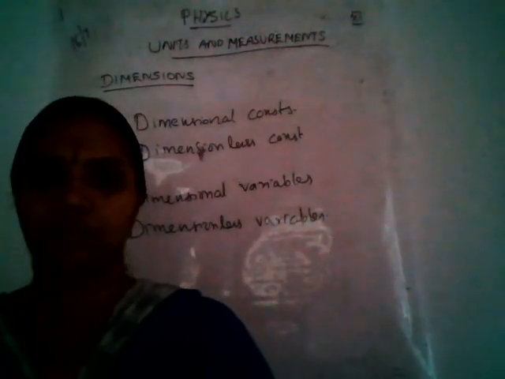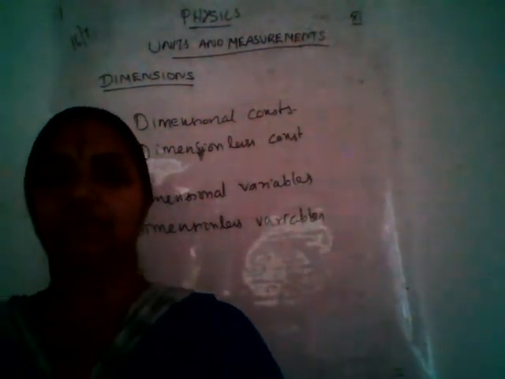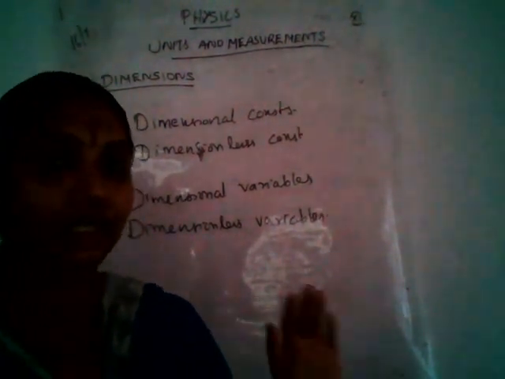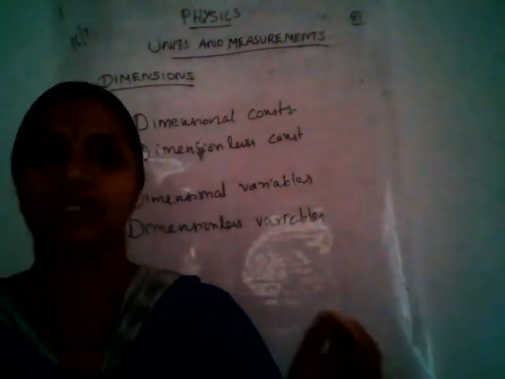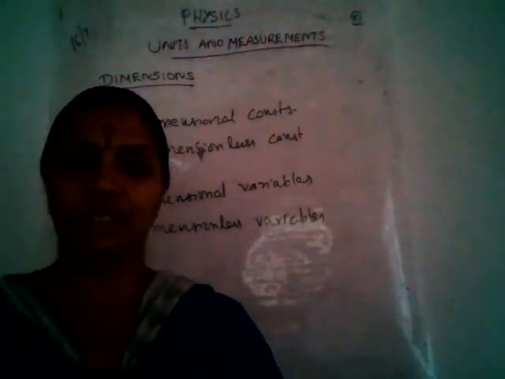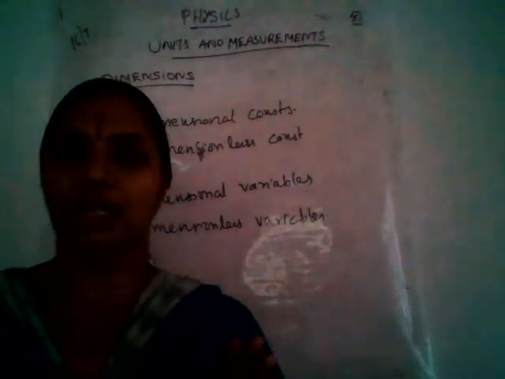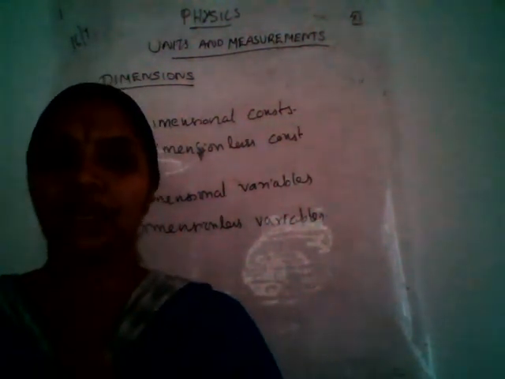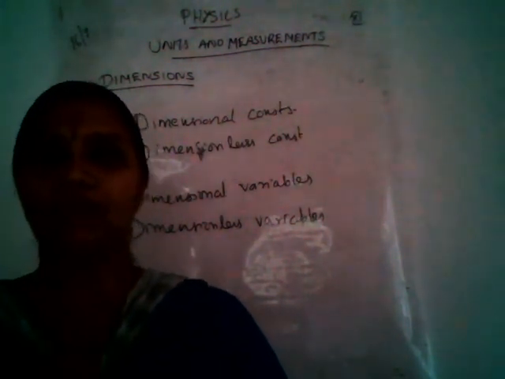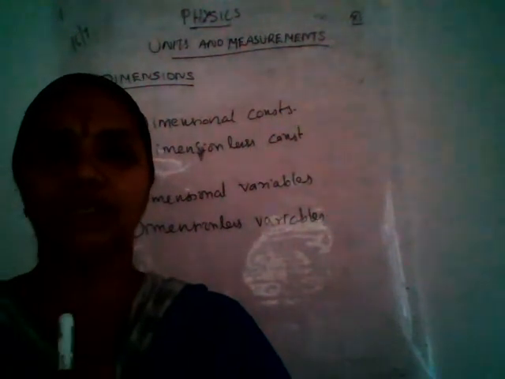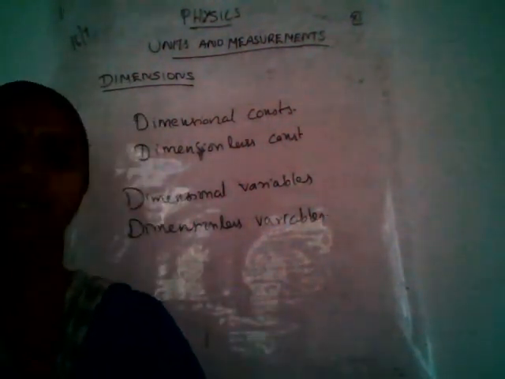So what is it? Angle is an example for dimensionless variable. Okay. Strain, you will study in the part 1 2 textbook. First chapter you are studying. Strain is the ratio between the change in dimension. So it is a variable quantity, but it does not have dimension. So it is the dimensionless variables.